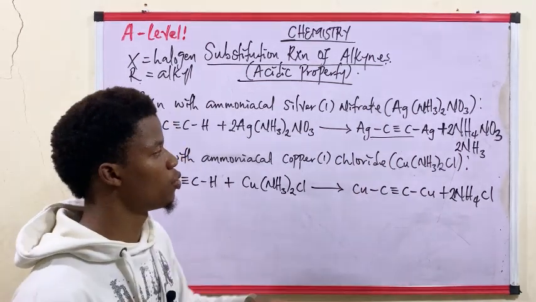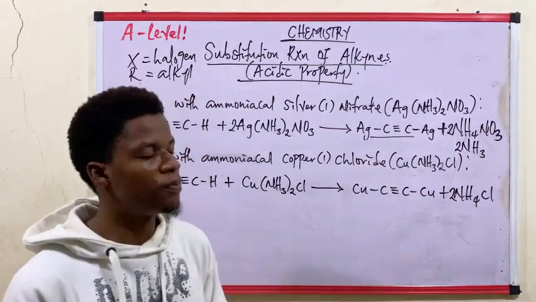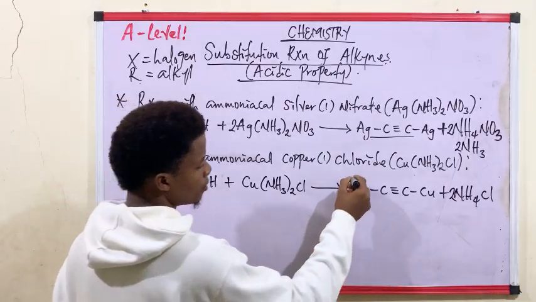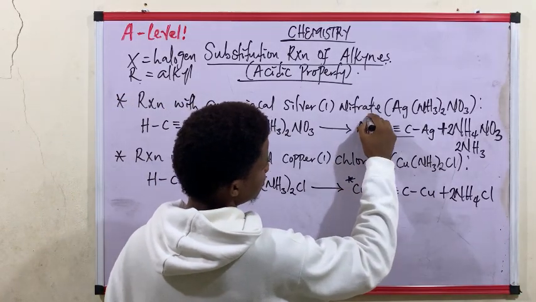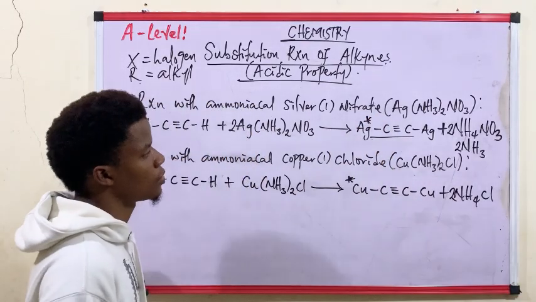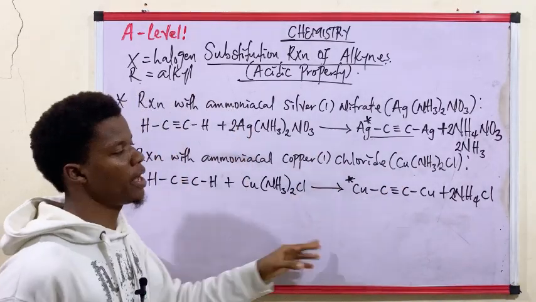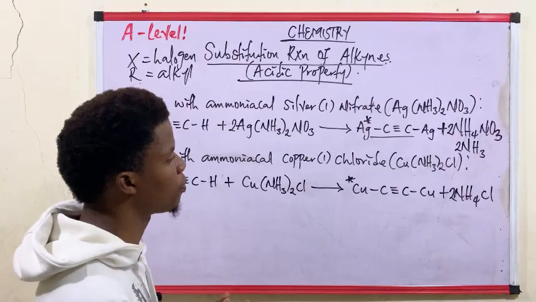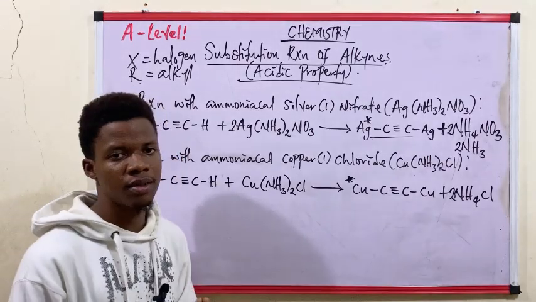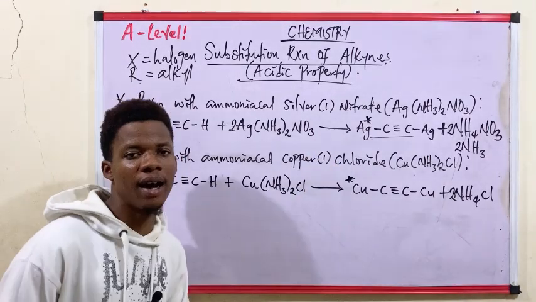So they are readily decomposed by mineral acid. So this and this, silver 1 acetylide and copper 1 acetylide, both of them are unstable and they are readily decomposed by mineral acid.